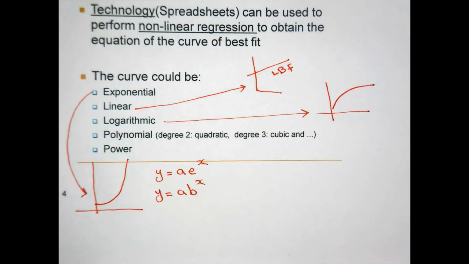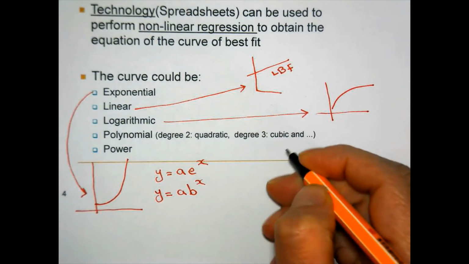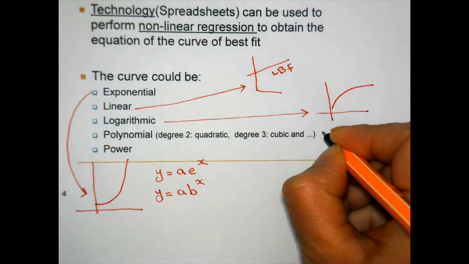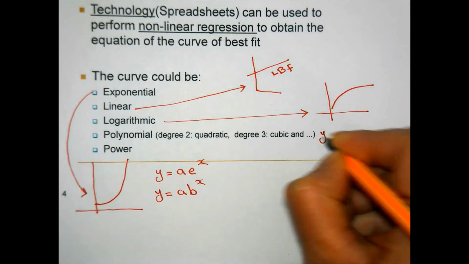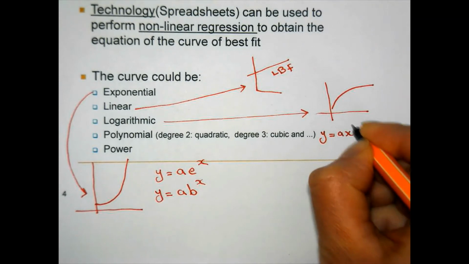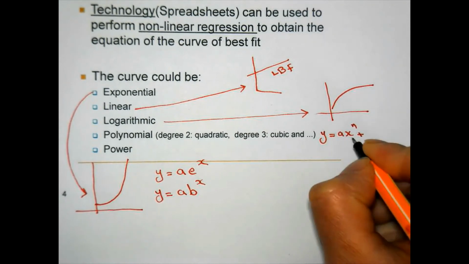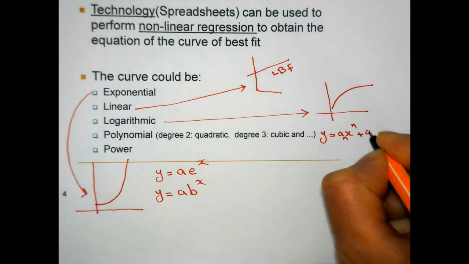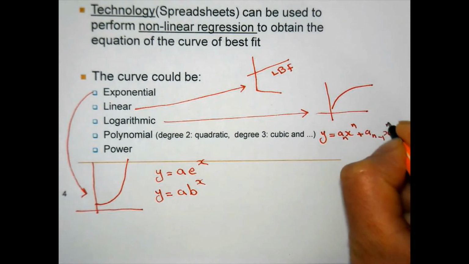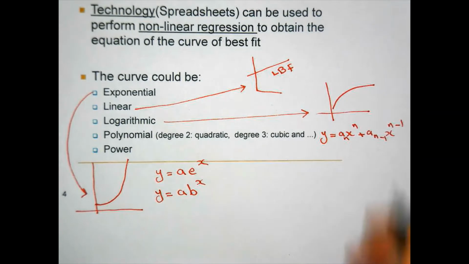Those of you who did advanced functions in first semester know what the graphs for logarithmic functions look like. You also have an option to have a polynomial regression, which means your curve of best fit is going to be in the form of a_n x to the exponent n plus a_(n-1) x to the exponent n minus 1, and so on and so forth.